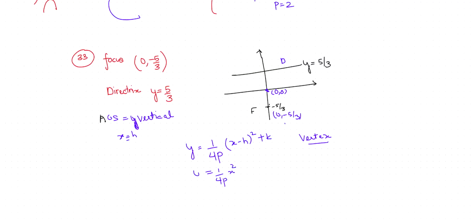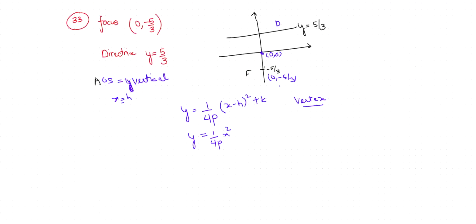Okay, and now we have to find the value of p. The directrix equation is y is equal to k minus p. Now k we got as 0, and negative p is equal to 5 by 3. So p we will get is negative 5 by 3.